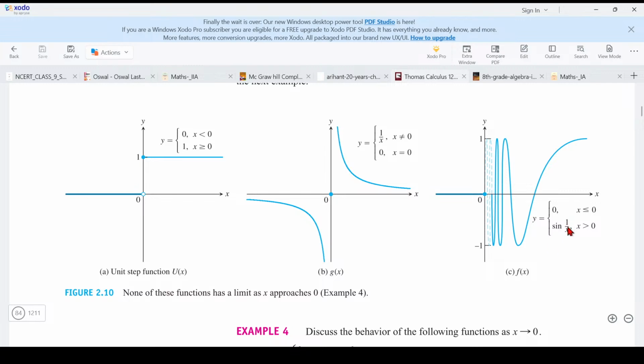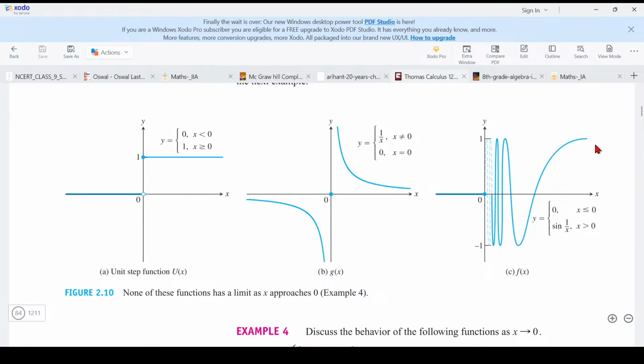Let's say, for example, 1 by 10 versus 1 by 11. When x is 10, 1 by x is 0.1.